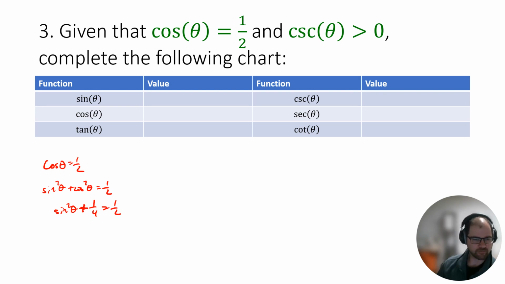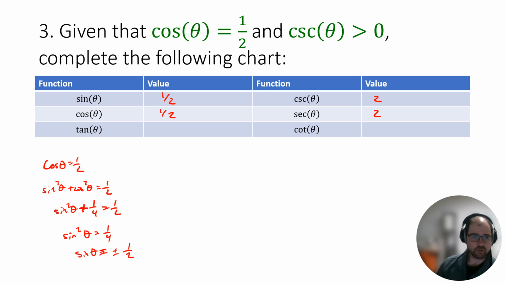Subtracting a fourth from both sides gives us sine squared theta is equal to 3/4, or sine theta is plus or minus root 3 over 2. Since cosecant theta is positive, that's 1 over sine, therefore sine is also positive. So sine theta is root 3 over 2, cos theta was given to be 1/2. This means that cosecant and secant are the reciprocals.